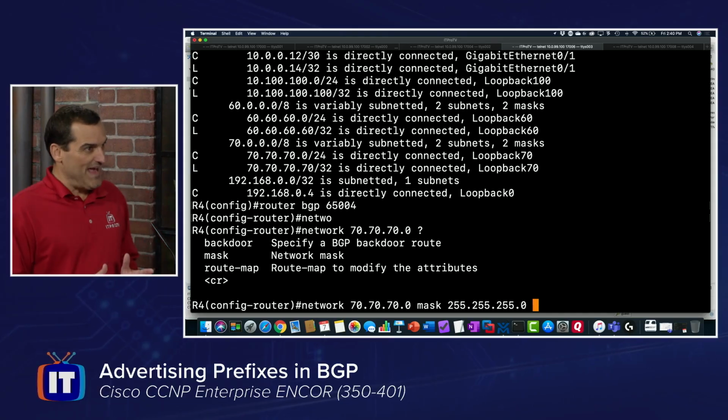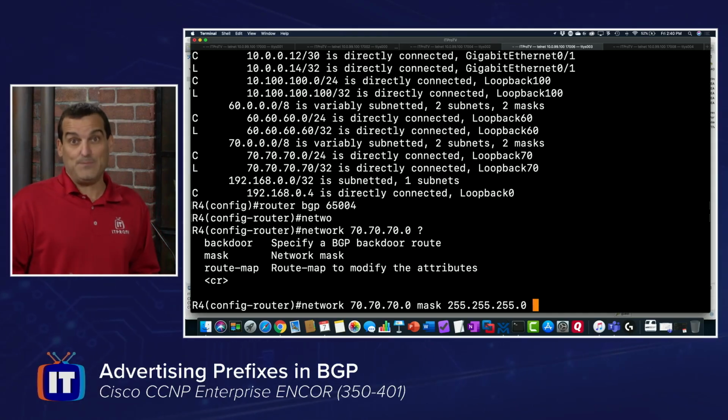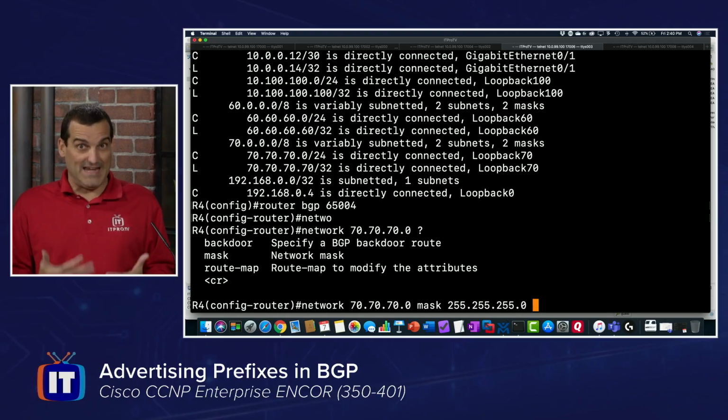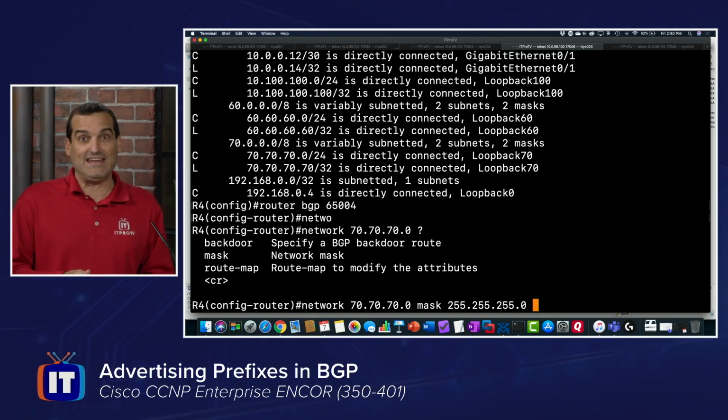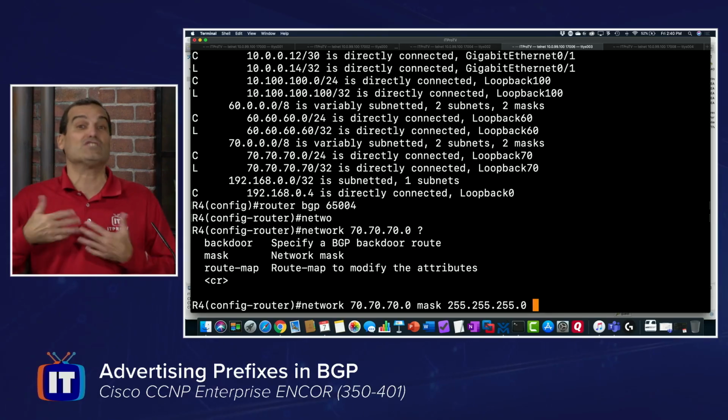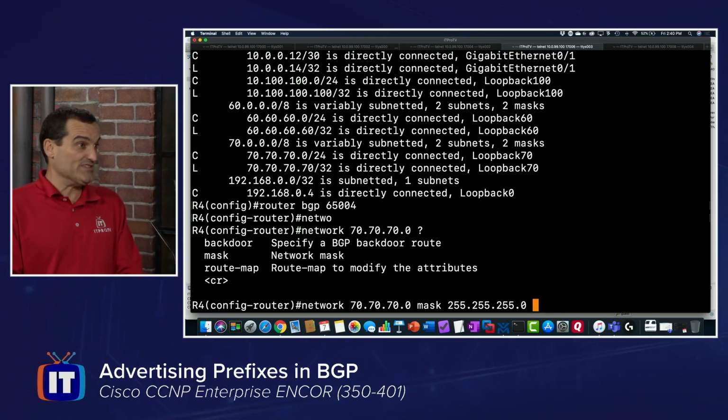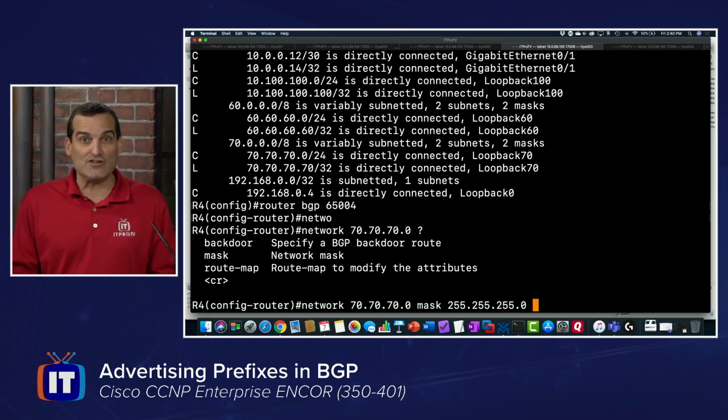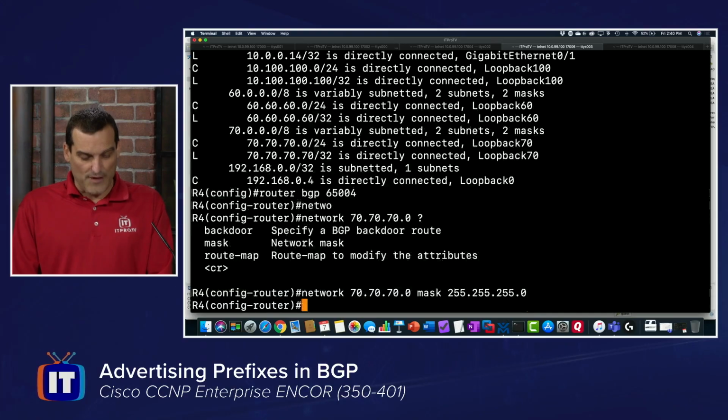So the default mask in this case would have been 8 bits. And if it was the default mask, I don't have to use this mask command. If it's non-default, you must. So this is a big gotcha area. So there we go. We've dropped it in.